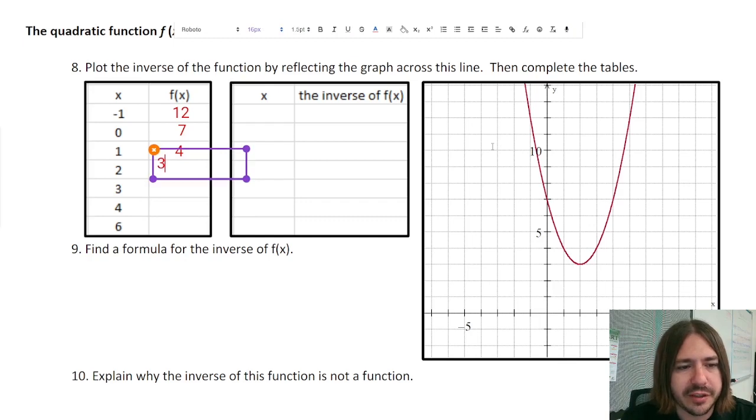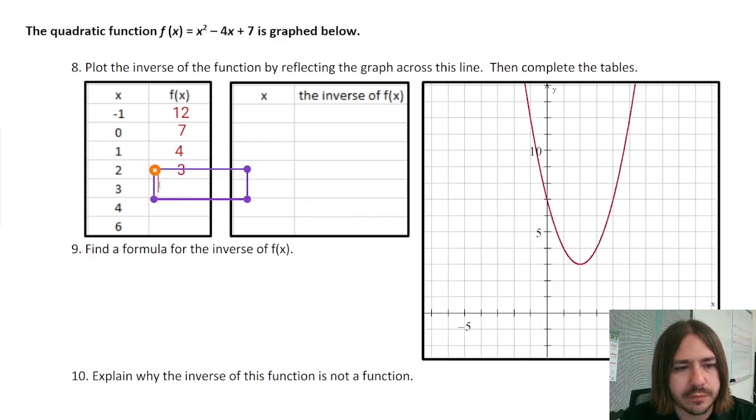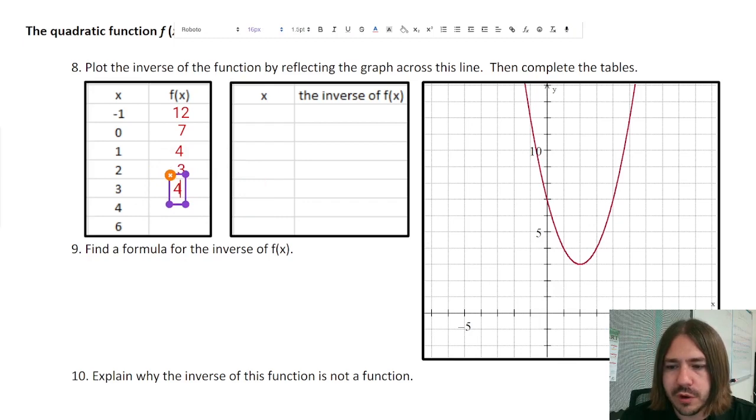Double check, make sure I'm reading that right. When x is 3, 1, 2, 3, y is back up to 4. x is 4, y is 7.